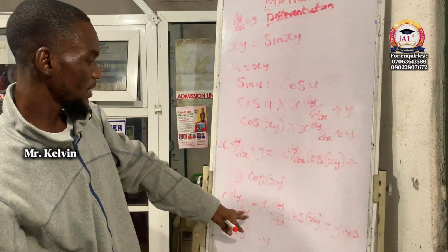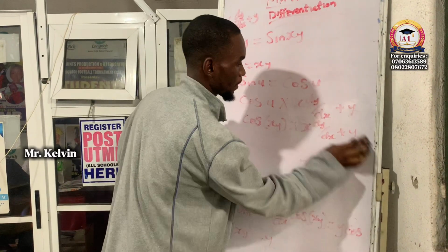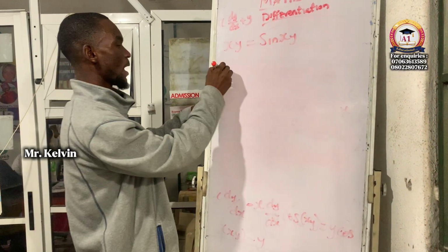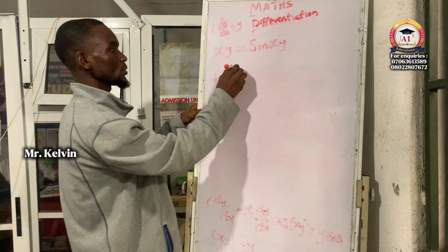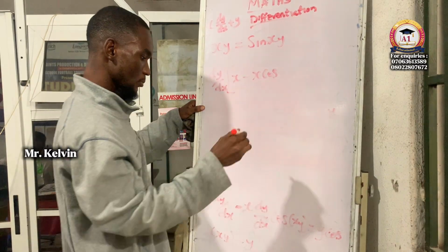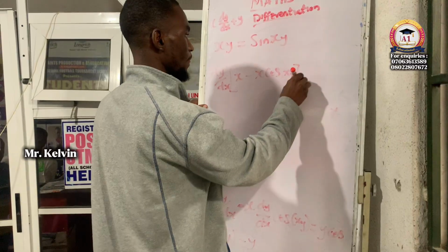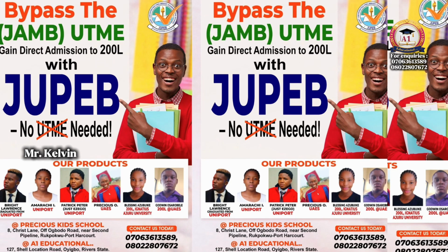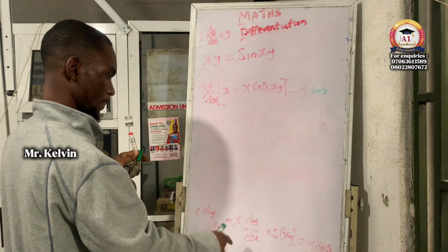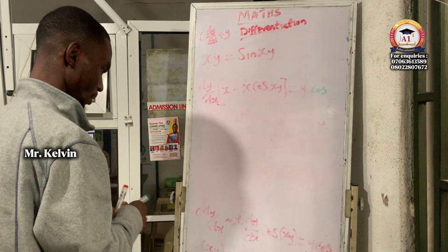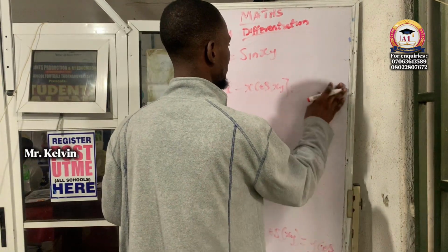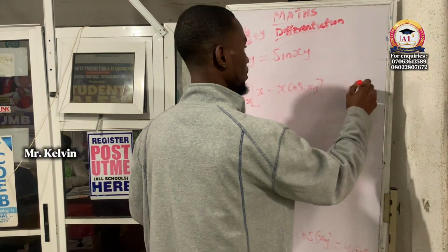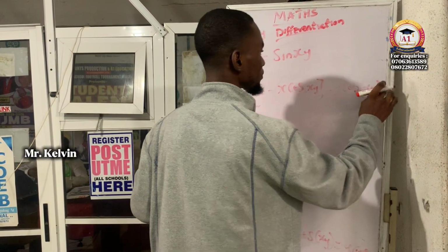Let's proceed. Collecting like terms, our dy/dx will now give us x minus x cos(xy), equal to y cos(xy) minus y.